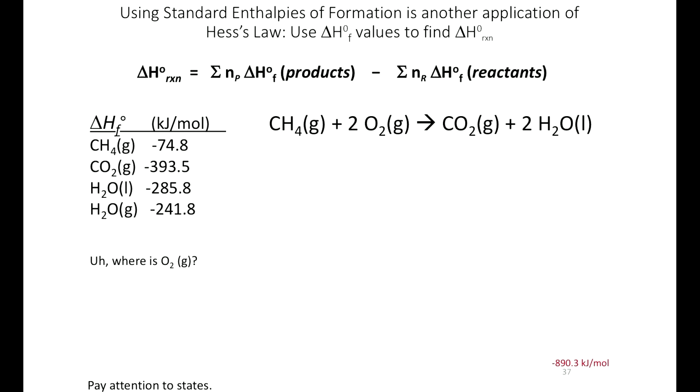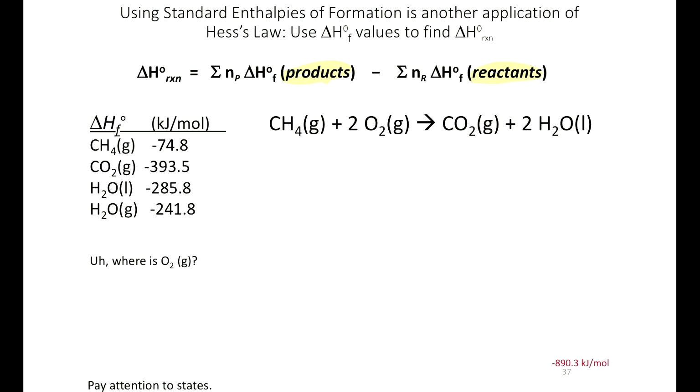So here is the general equation of what we want to do. To calculate the delta H of the reaction, you're going to sum up all of your formation values for your products, and you're going to subtract all of the formation values of your reactants, right? So these values are here, they're given.